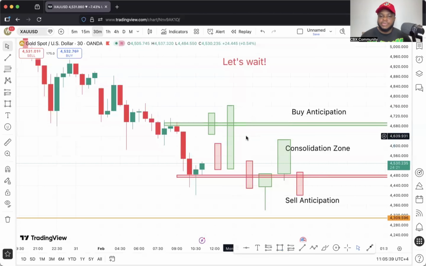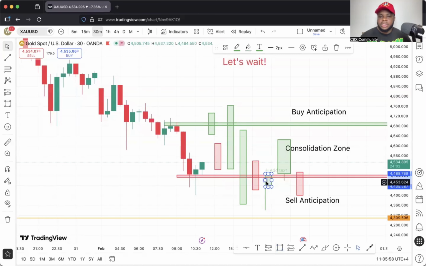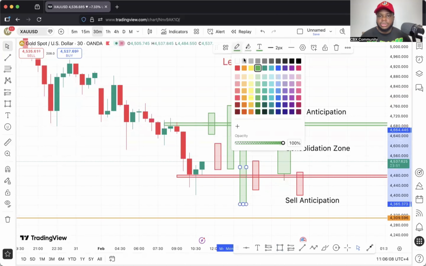And it's also good for you to have formation of a bearish candle like this than you having a formation of bearish candle like this, because you always need to ask yourself, where will you put your stop loss? It's not that we are here for us to gamble. We are not gambling, rather we are trading. Let me delete this. So it's better for you to have formation of a bearish candle like this than you having a formation of a bearish candle like this. Let me change this color to red.